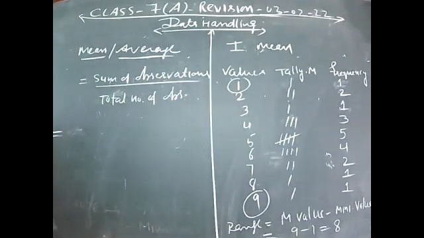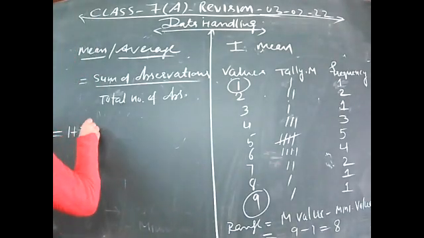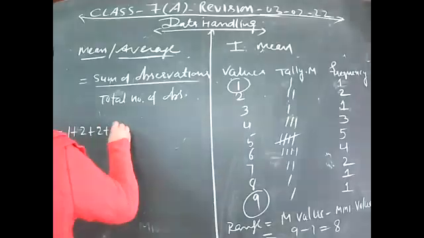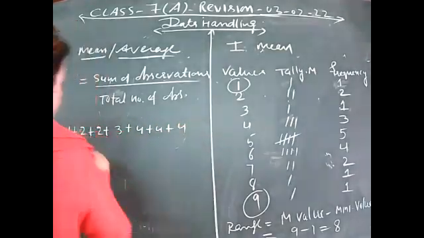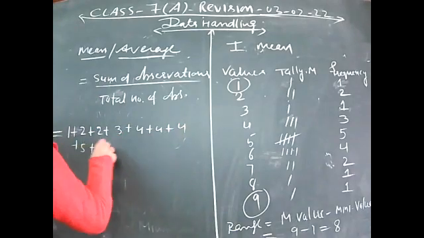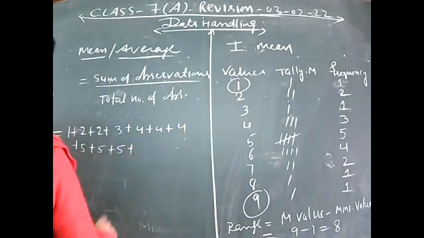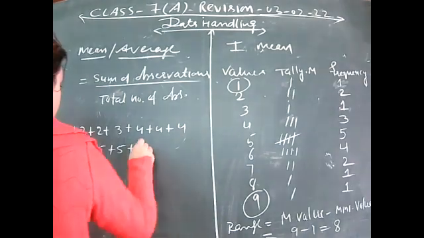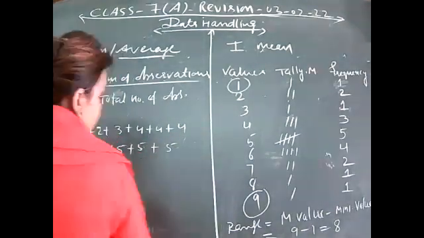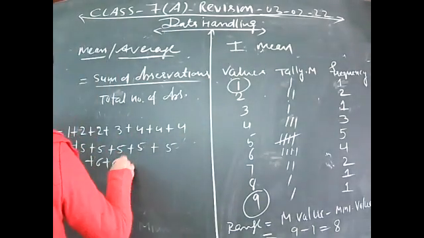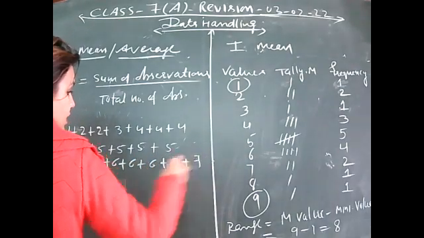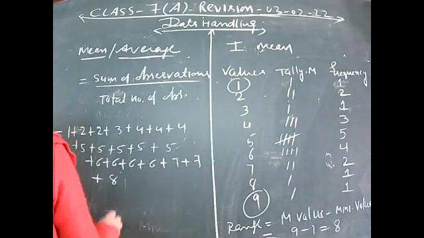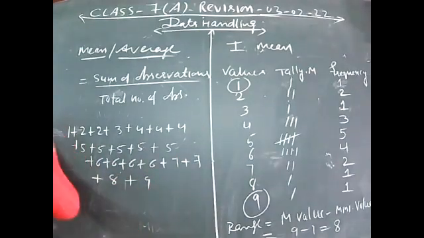Sum of observation upon total number of observations. सारी observation को आप add करोगे, 1 1 time है, 2 1 times है, 3 1 times है, 4 3 times है, 5 5 times है, 6 4 times है, 7 2 times है, 8 is appearing 1 time and 9 is appearing 1 time.